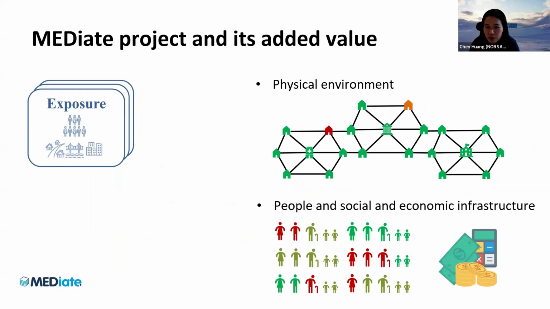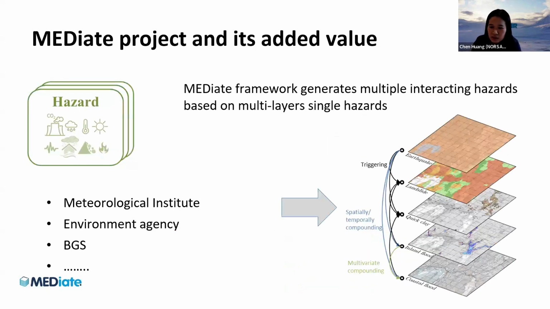When we're looking at the exposure, we classically have the physical environment and people, as well as social and economic infrastructure. Here, as I just mentioned, we are looking at both the current and the future projection, what could happen in our society. Next we are looking at the hazards.